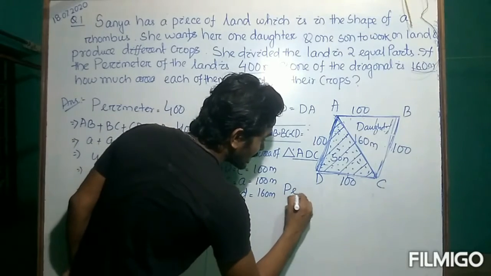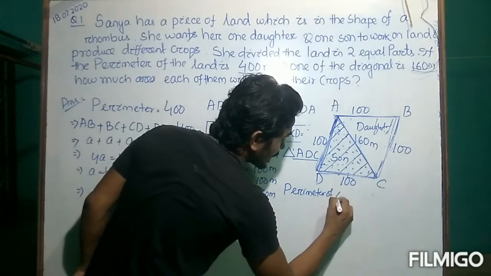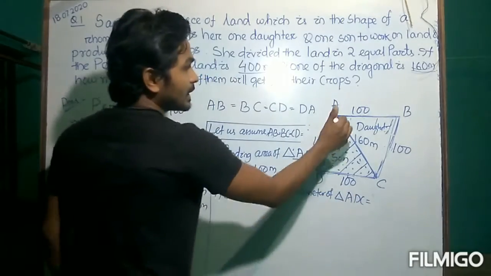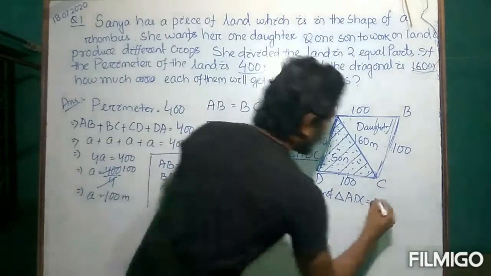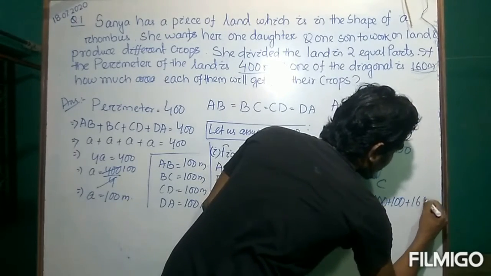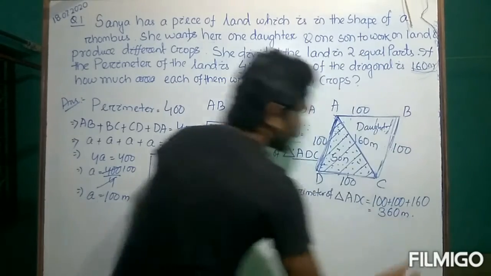Now find the perimeter of triangle ADC. 100 plus 100 plus 160 is 360 meter.